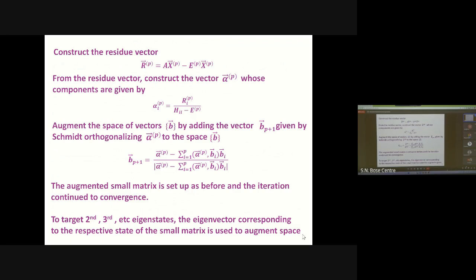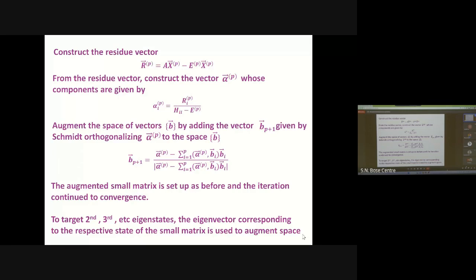From the residue vector, you take the i-th component and define the i-th component of a new vector, alpha at p, as the i-th component of the residue vector r at p divided by Ei minus the eigenvalue at the p-th iteration. Depending on the dominance of the eigenvalue, if the diagonal element is close to the eigenvalue, then that component of the eigenvector becomes important. So you just compute that.